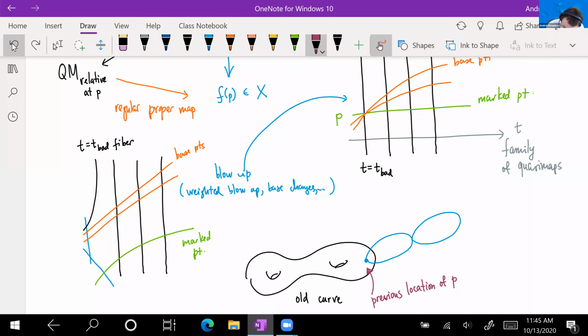So sorry, this is the new home of P. And then these are the base points.